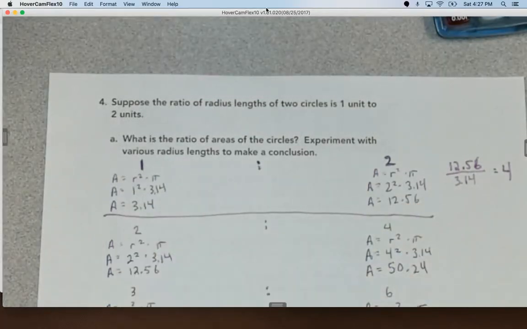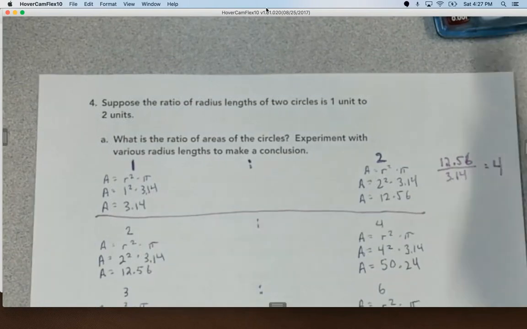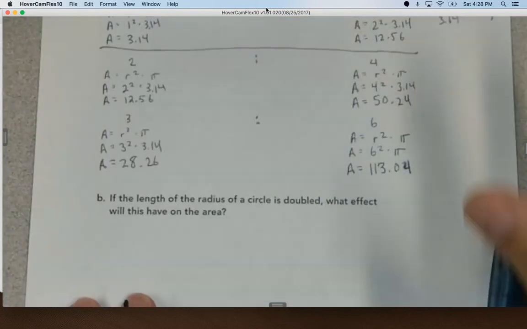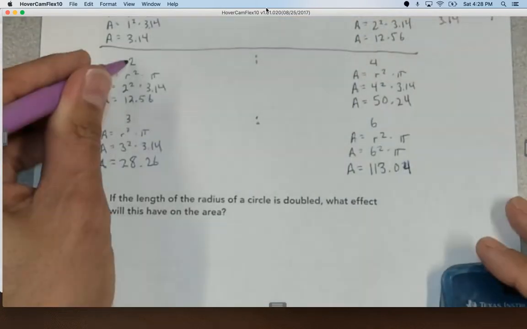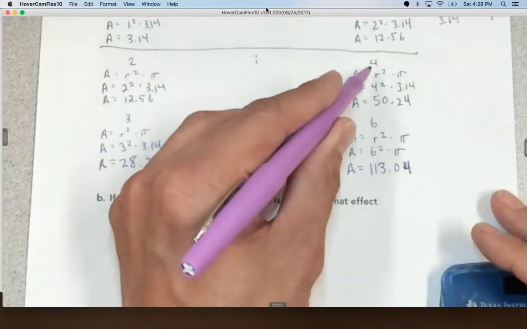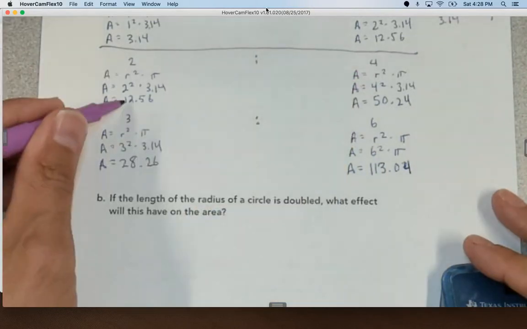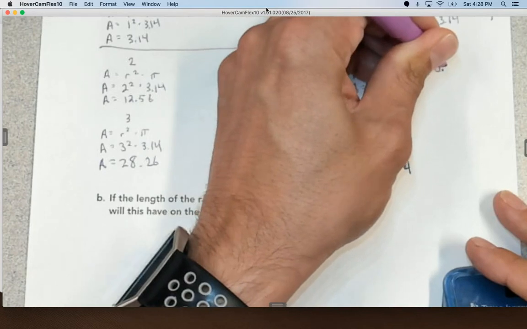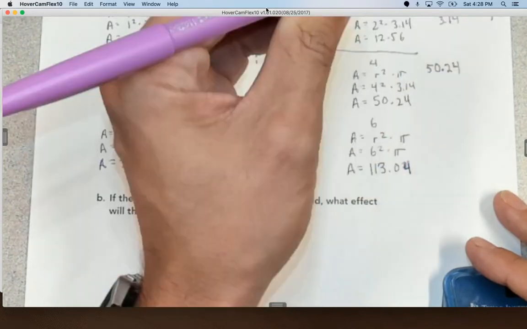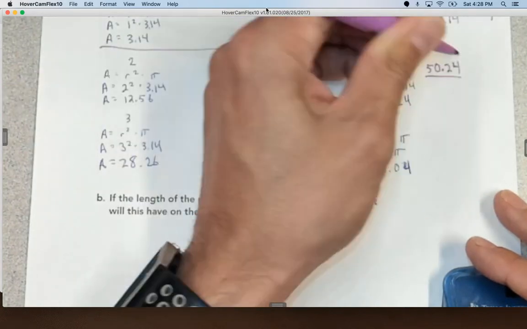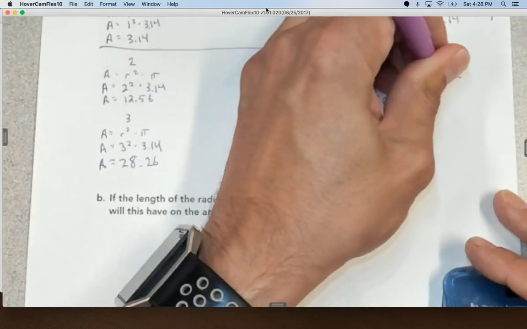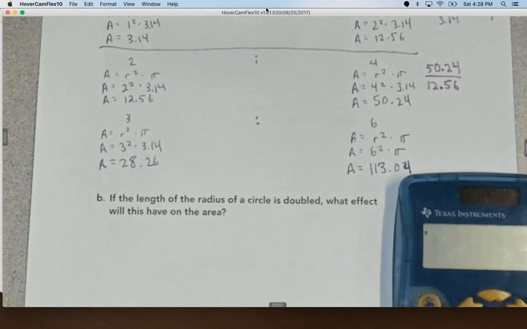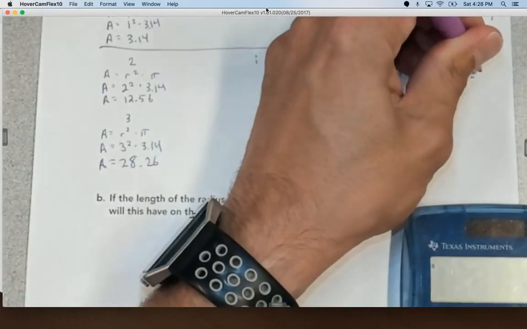I did it with a couple of other examples. Then I selected a radius of 2 units and a radius of 4 units. And when I got my areas, if I took my larger area from the 4 unit radius and divided it by the smaller area with the half as large radius, I got 4.